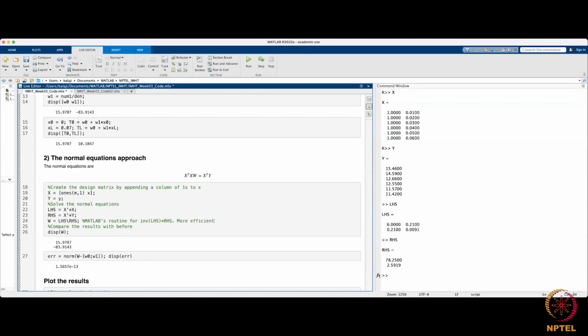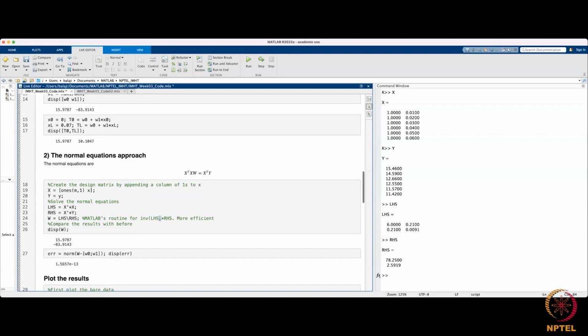It uses internal routines like Gauss elimination, etc. So never use the inverse unless really required, even within MATLAB, especially when you have large matrices. It's inadvisable to actually use inverse of LHS. Instead, it is better to use LHS and put a backslash RHS. It simply means an effective way of calculating inverse of LHS multiplied by RHS.